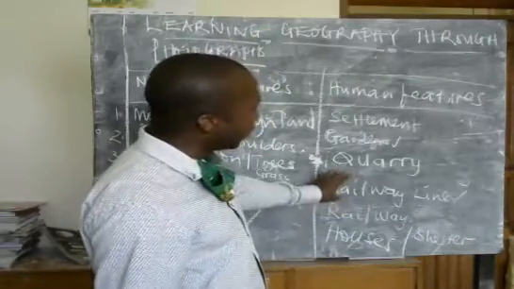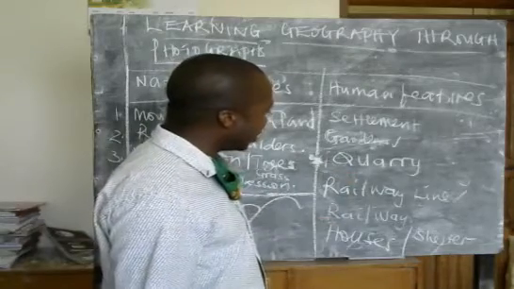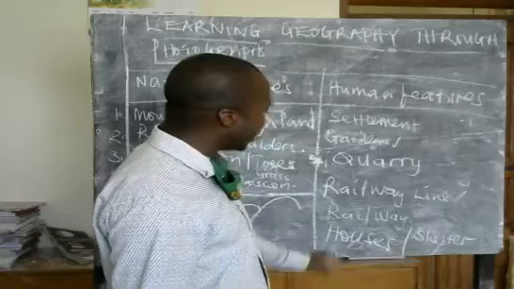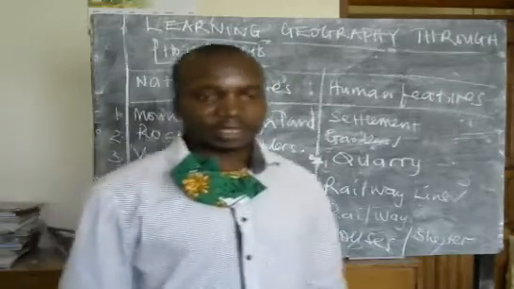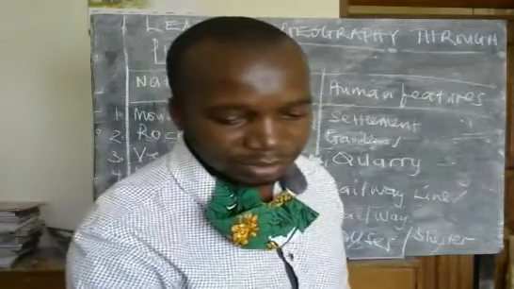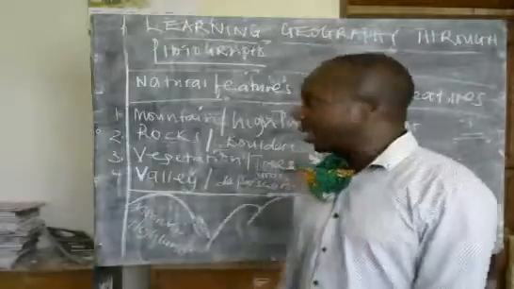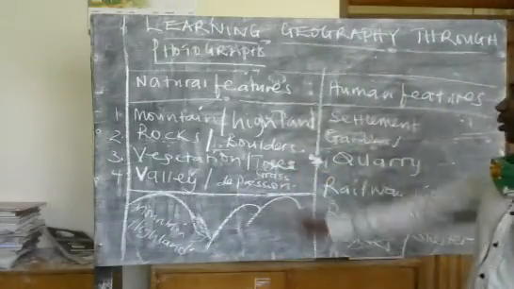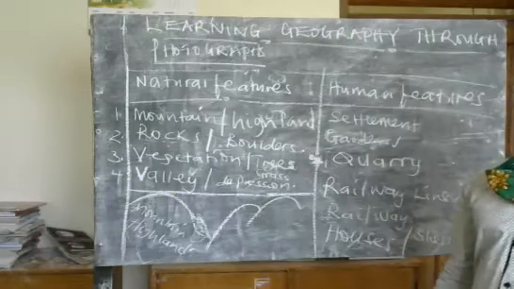Then we also have a railway line. Then we have some houses. They give us settlement. Good. Hope we have identified the natural features and the human features.